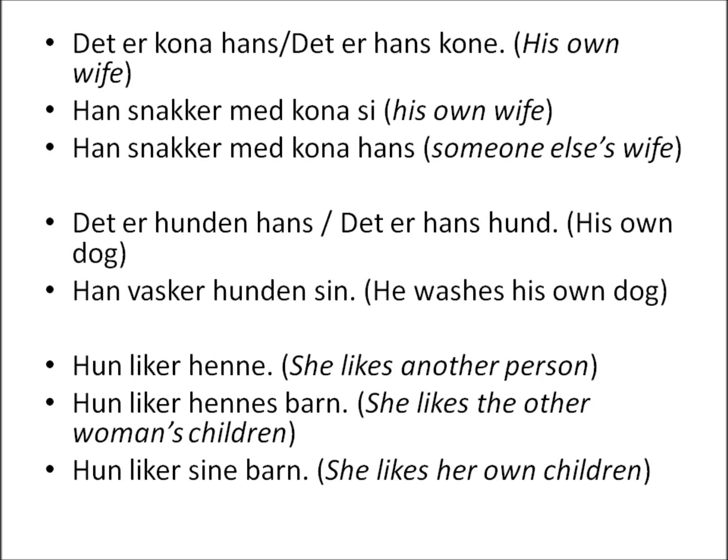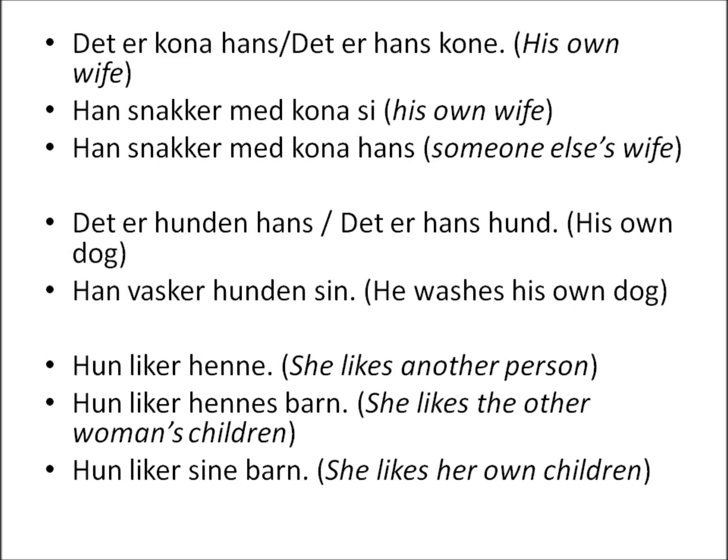Okay. Similarly, for henne also is the same rule. Hon liker henne. She likes somebody else. Okay? Another person. And hon liker hennes barn. She likes that other person's children. But if we say hon liker sine barn, she likes her own children.